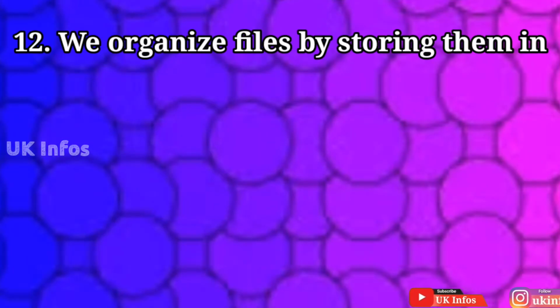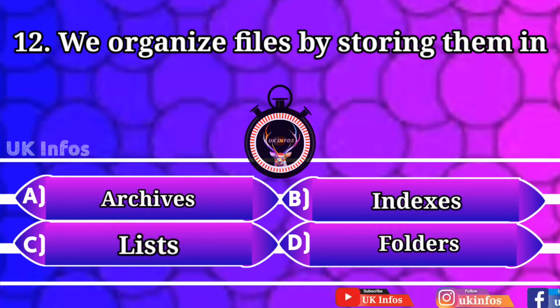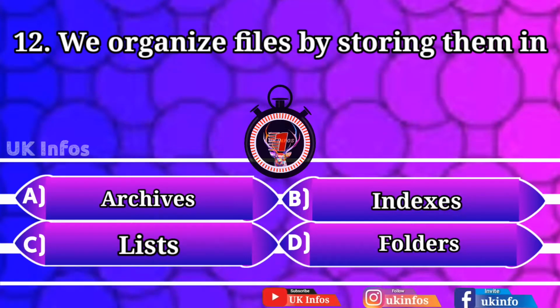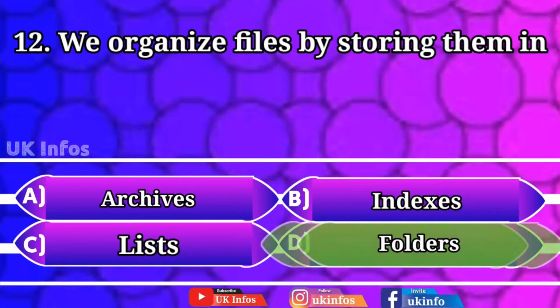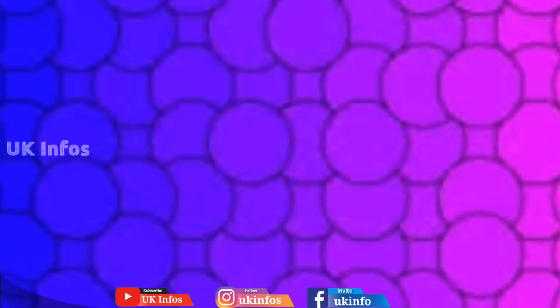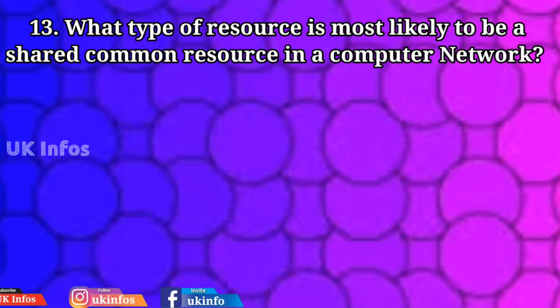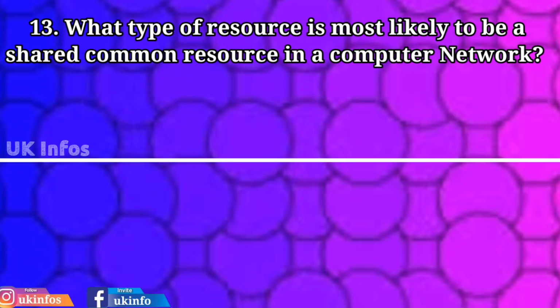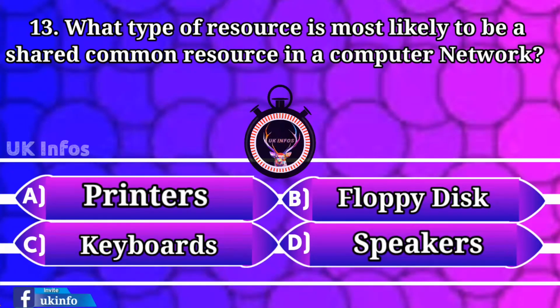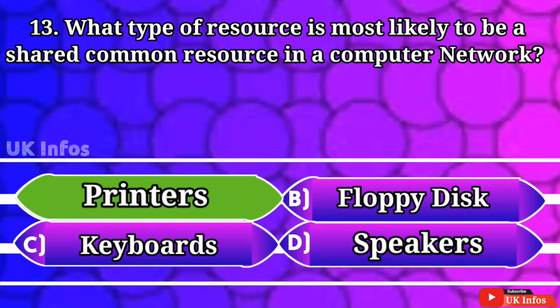We organize files by storing them in folders. What type of resource is most likely to be a shared common resource in a computer network? Printers.